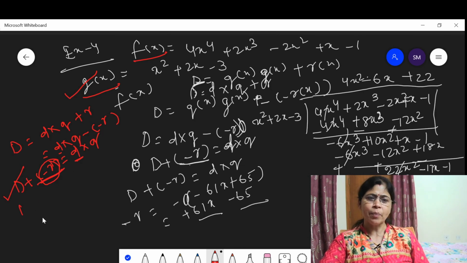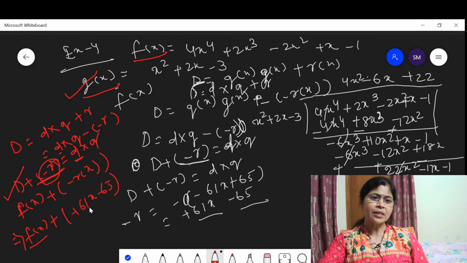So when f(x) is added with minus R(x), this is plus 61x minus 65, then this is completely divisible by g(x).